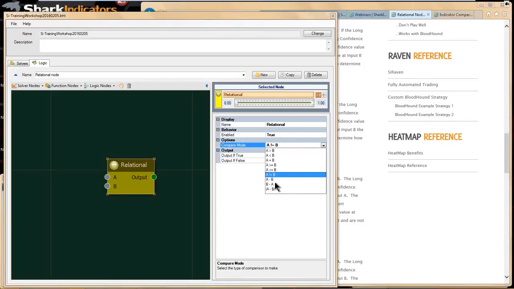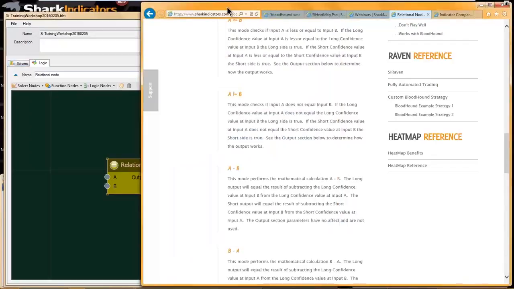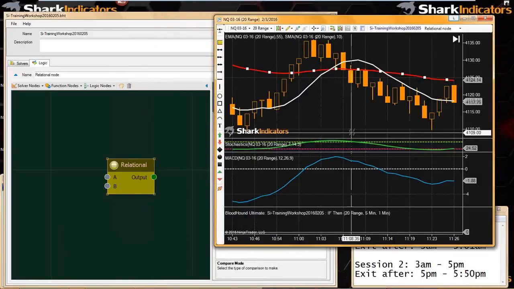So the relational node's practical use is when you're using fuzzy logic. Its most common use is for fuzzy logic. Trying to think of some examples here. Let's bring my chart back up.